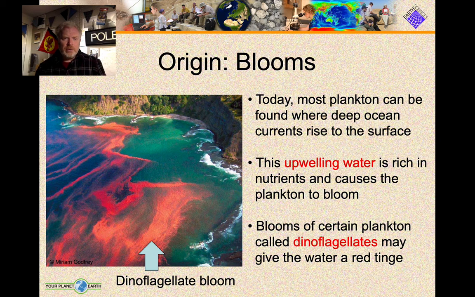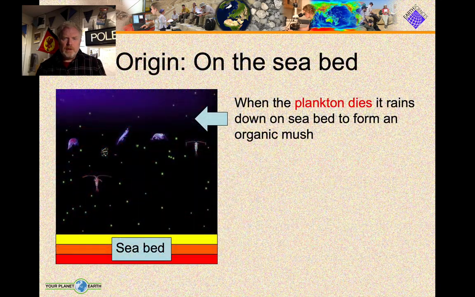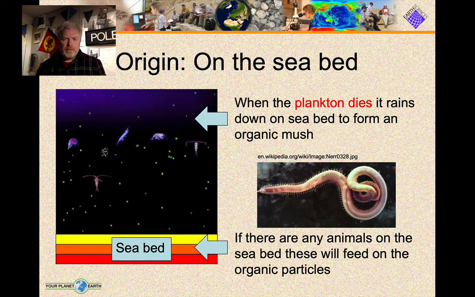We can see examples of these planktonic blooms in modern marine environments. When they die, these animals and plants sink to the seabed and form this organic rich mush, for want of a better word.